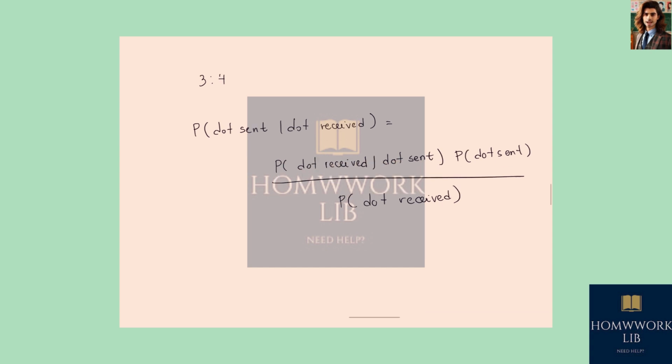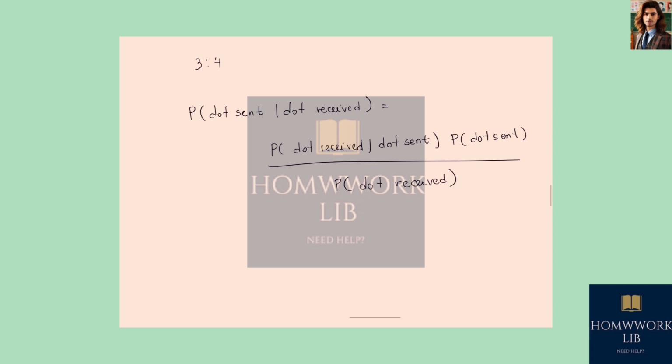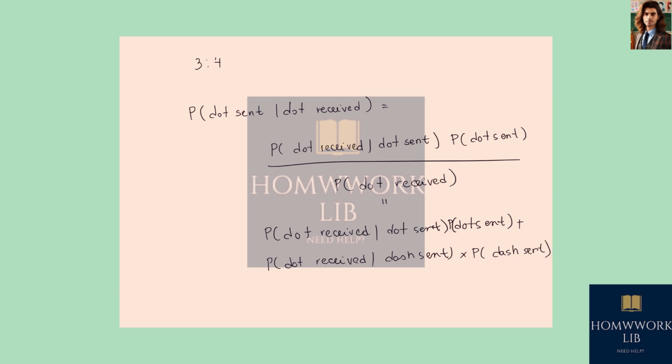So the denominator can be expanded as the probability that a dot was received given that a dot was sent, times the probability of sending a dot, plus the other scenario where a dot was received but actually a dash was sent, times the probability of having sent a dash. So that is for the denominator.